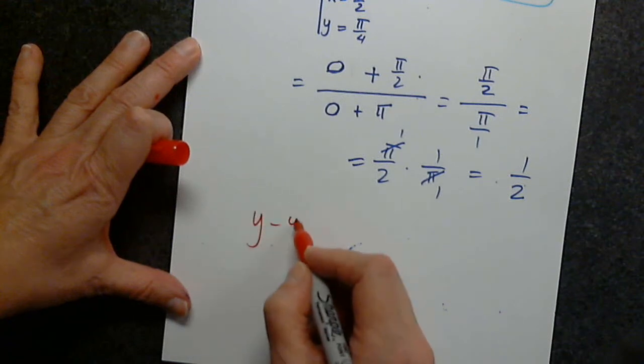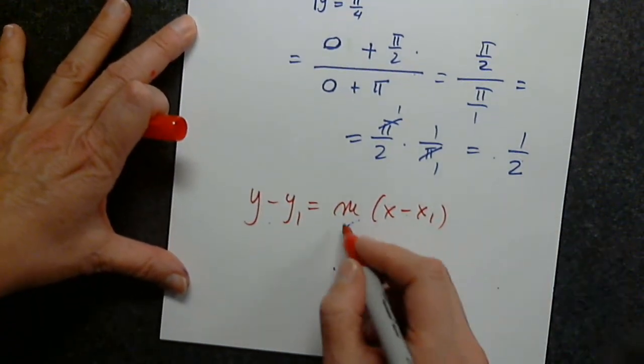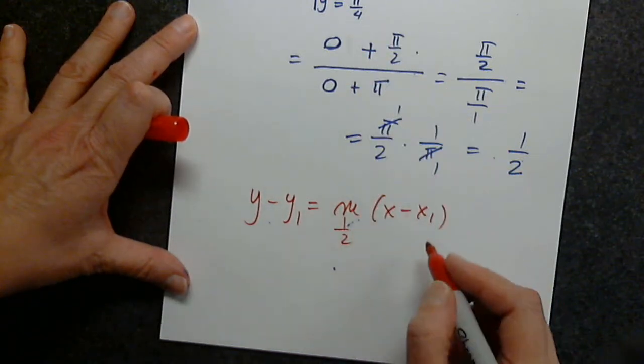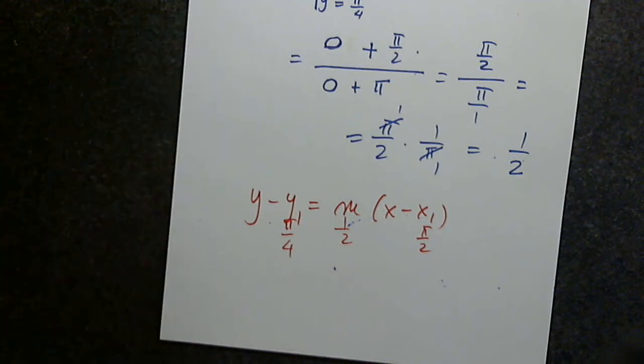So now y minus y1 equals the slope times x minus x1, where the slope is 1/2, x is pi over 2, and y is pi over 4. We're asked to not just find the slope of the tangent line to that graph, but also determine the equation of the tangent line.